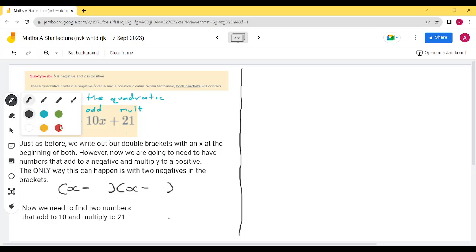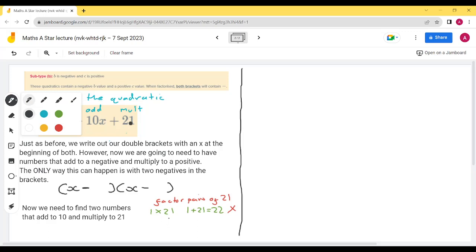So we can do down here again factor pairs of 21, so numbers which multiply together to get 21. Well, you can have 1 times 21, but then obviously 1 plus 21 equals 22, so it definitely does not equal 10 as we want.